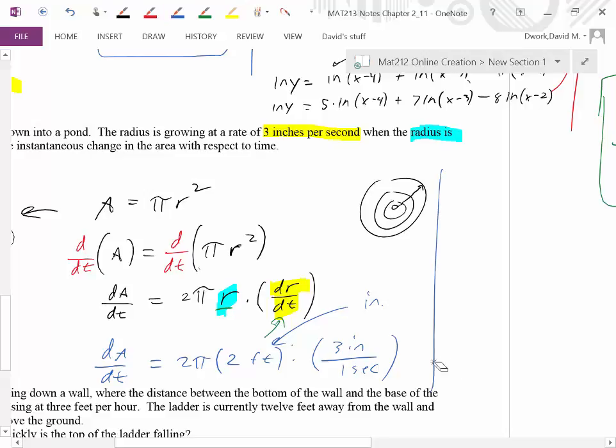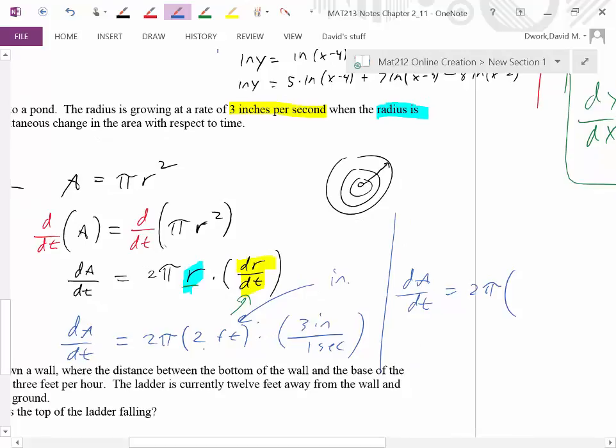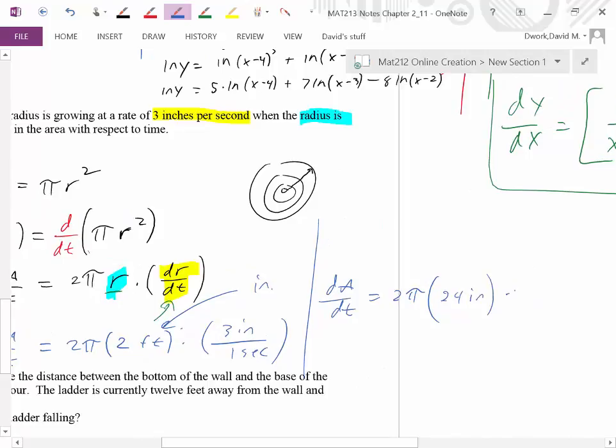So therefore, I can go ahead and say, all right, dA/dt is equal to 2 pi. And since there's 12 inches in a foot, 12 times 2 is 24 inches times 3 inches, and then per 1, so I don't need to really write that, other than for the units.